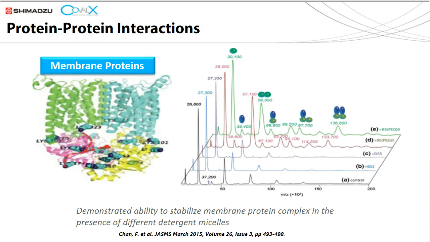This is an example from a few years back of a publication of a membrane complex, which was solubilized in a couple of different detergents, and then measured as a control, where we see the subunits. And then after cross-linking, we can actually stabilize and measure the complex directly of this membrane complex.